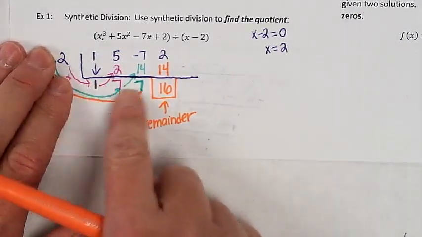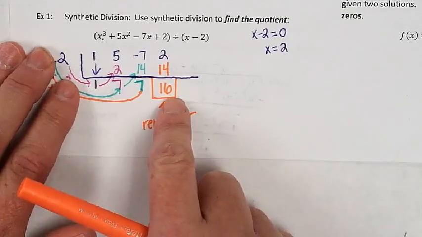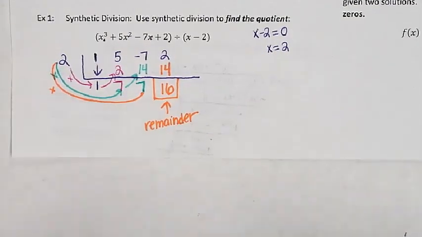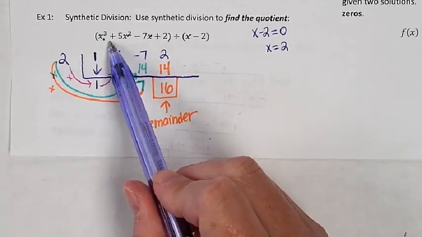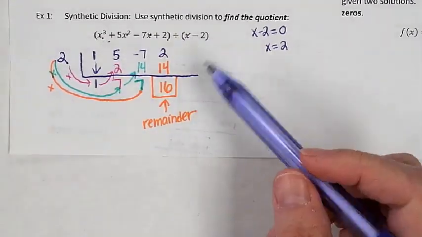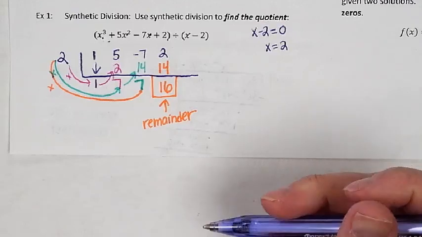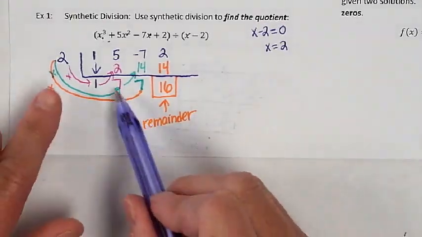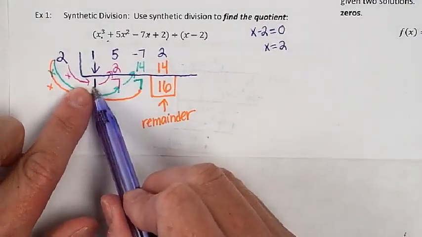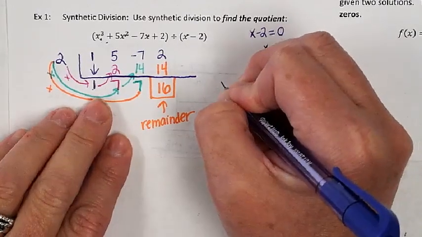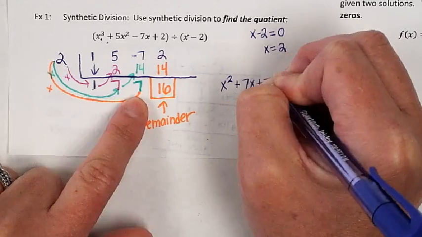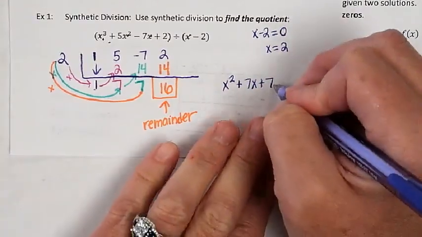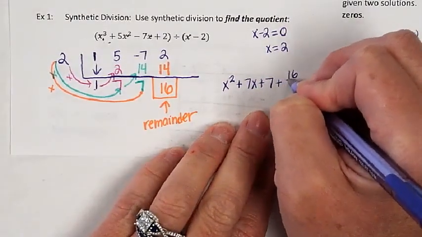If you think about this, we divided by x, so x cubed divided by x is going to give me x squared. So this is the coefficient for x squared. So this is going to be x squared plus 7x plus 7 with a remainder of 16. So plus 16 over what did we divide by? That factor, which is x minus 2.